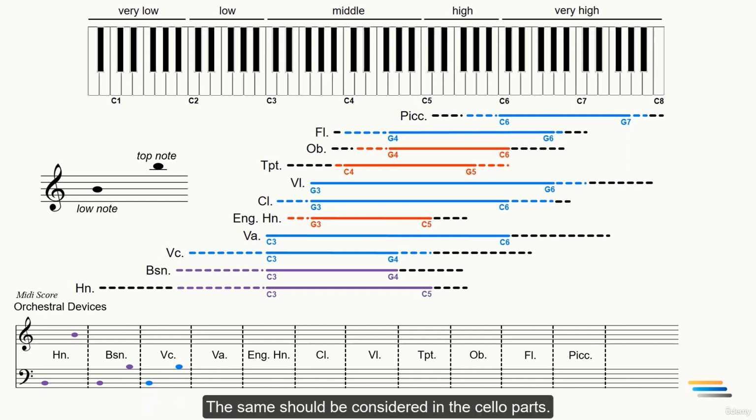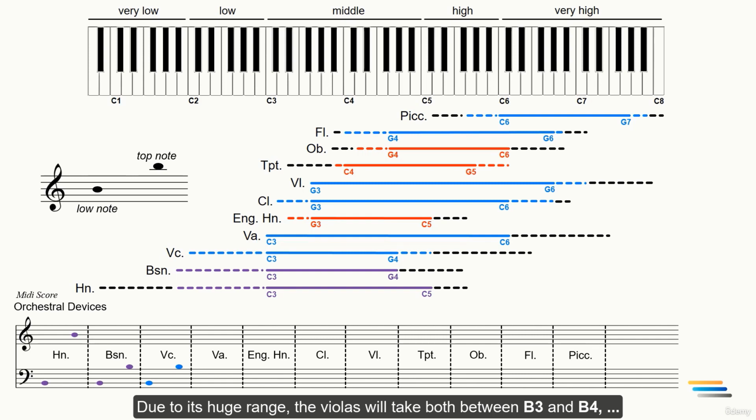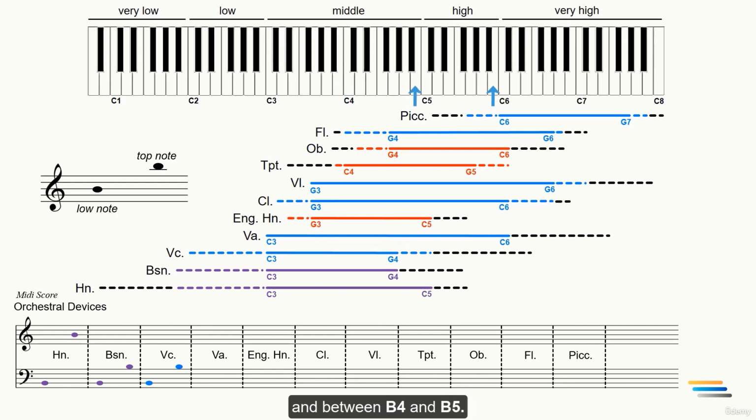The same should be considered in the cello part. Due to their huge range, the violas will take both between B3 and B4 and between B4 and B5.